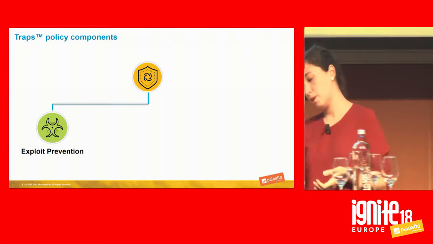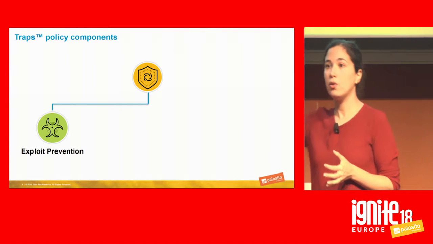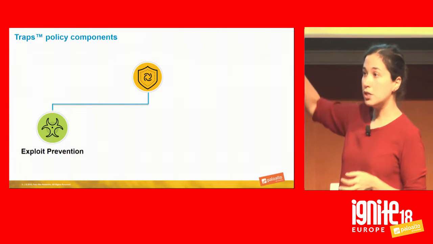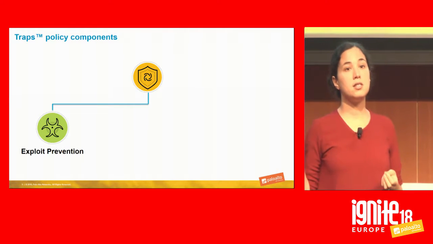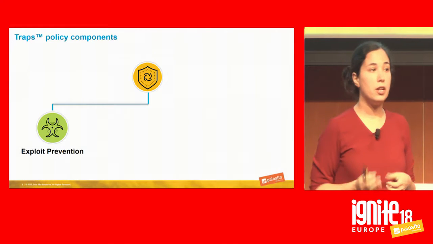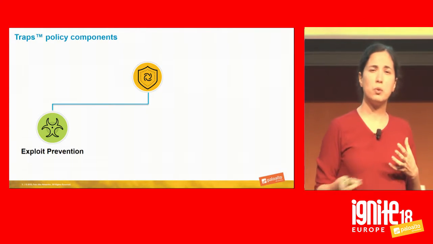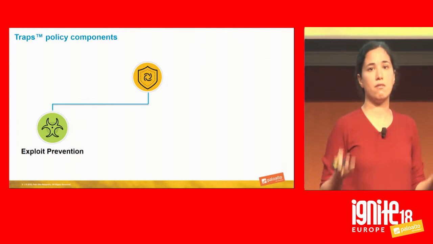Traps, when it started around 6 years ago as a startup called Cyvera, actually did only exploit prevention. The reason we did that is because we believed that this is the most urgent gap that we see in endpoint security. When you think about it, back then malware was even less sophisticated than it is today, but this is mostly what other security vendors did.